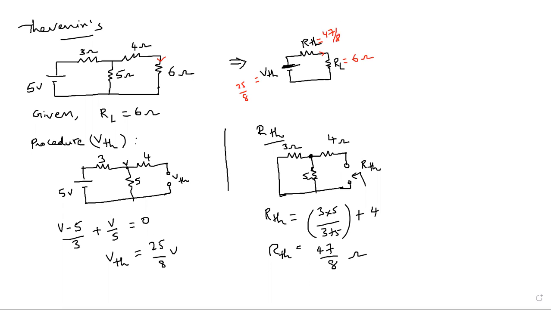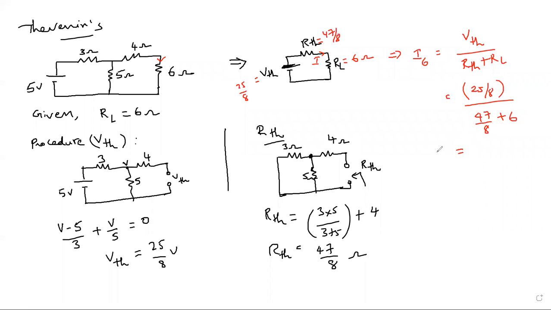Now, what we need to do to calculate the current which is passing through the load resistor, nothing but your 6 ohm resistor. What is the formula? I6 equal to VTH by RTH plus RL. What is the value of VTH? 25 by 8 divided by 47 by 8 plus 6.